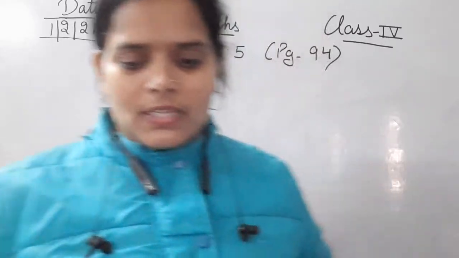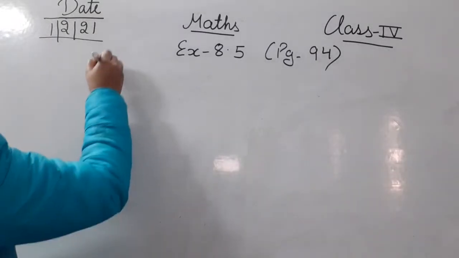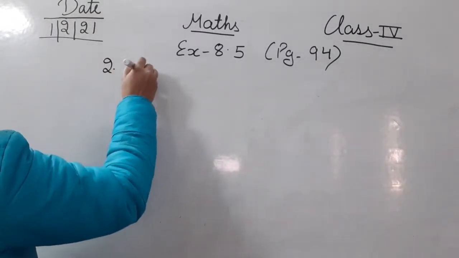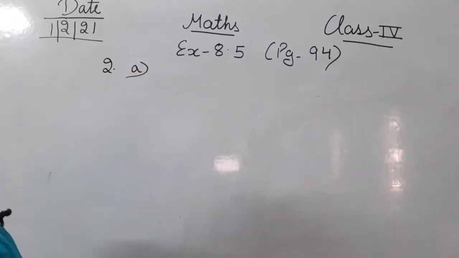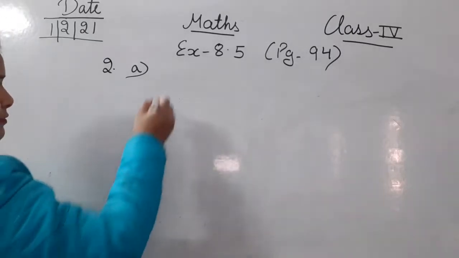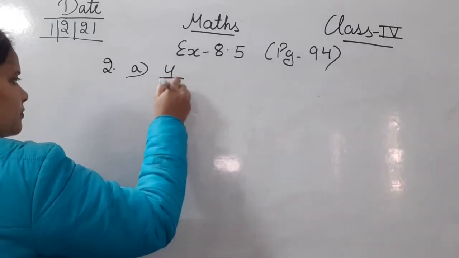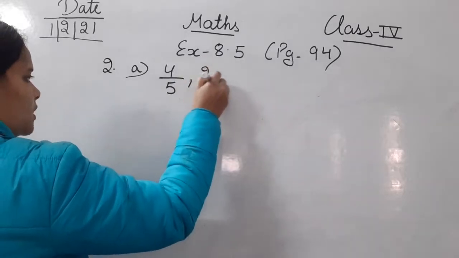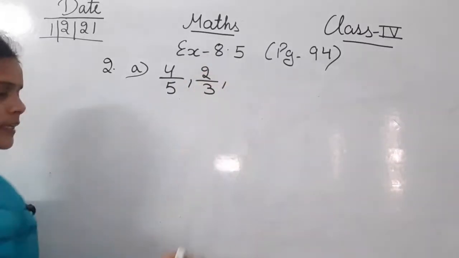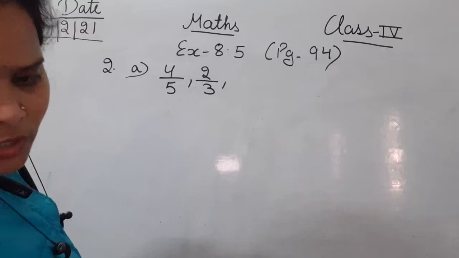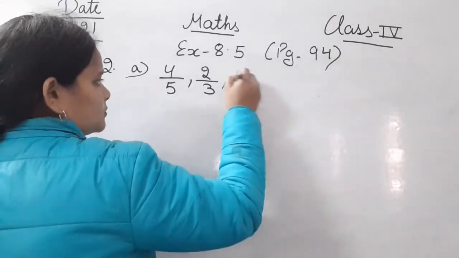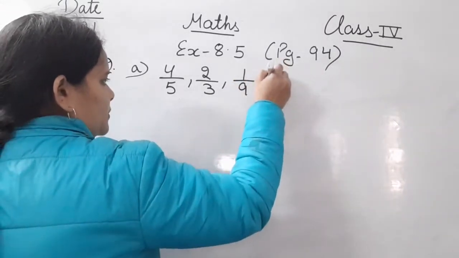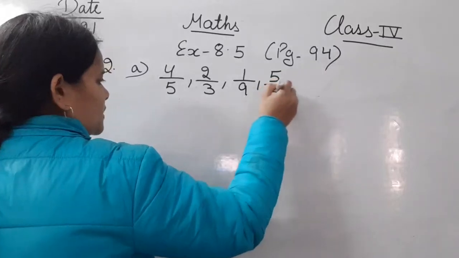So the A part of question number 2 is 4 upon 5, 2 upon 3, then next 1 upon 9 and 5 upon 7.